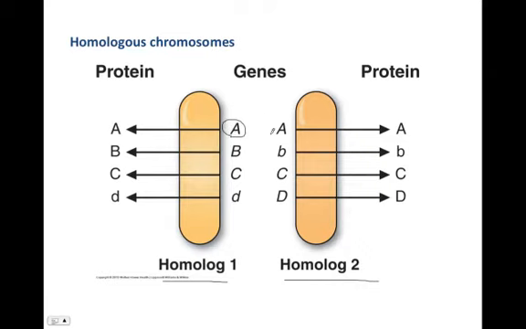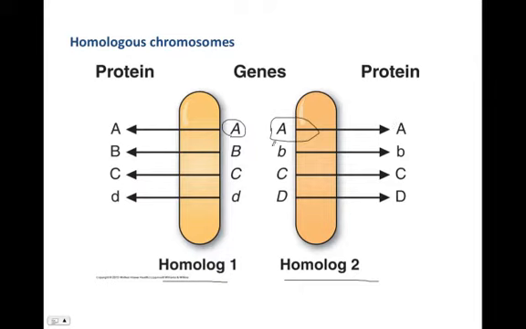This would be gene A on one homologous chromosome, and this would be gene A on the adjacent chromosome. Each of these genes, although similar in nature, can be dominant or recessive to one another. Gene A, for example, this allele encodes for protein A, and gene A on this homologous chromosome also codes for protein A. These would be considered alleles that are the same.